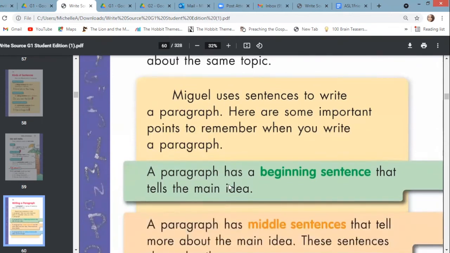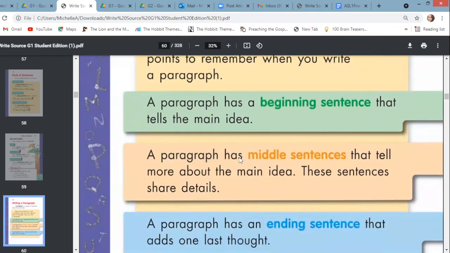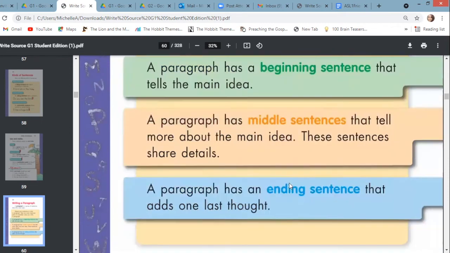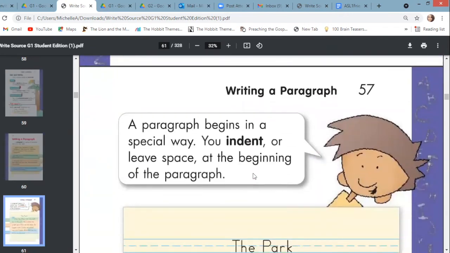A paragraph has a beginning sentence that tells the main idea. A paragraph has middle sentences that tell more about the main idea. These sentences share details. A paragraph has an ending sentence that adds one last thought or idea, right?